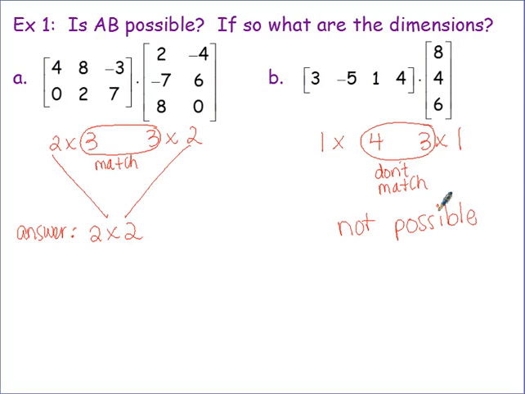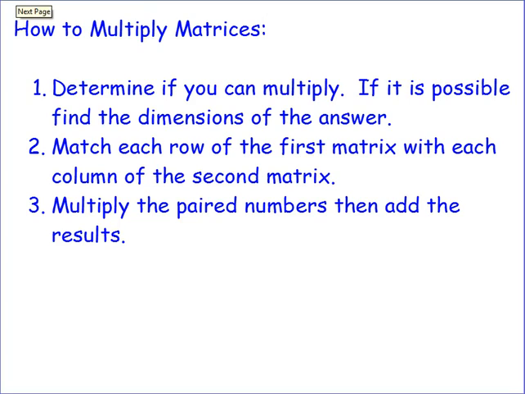So now that we know how to determine if we can multiply, now we actually have to look at the rules for how to multiply. So the first step, determine if you can multiply, and if it's possible, find the dimensions of the answer. That's what we just reviewed. Step number 2, this is where it gets a little tricky.